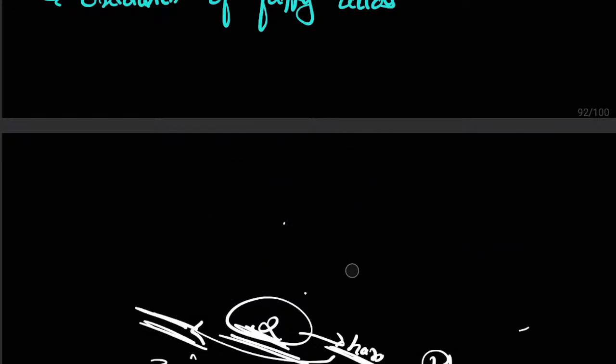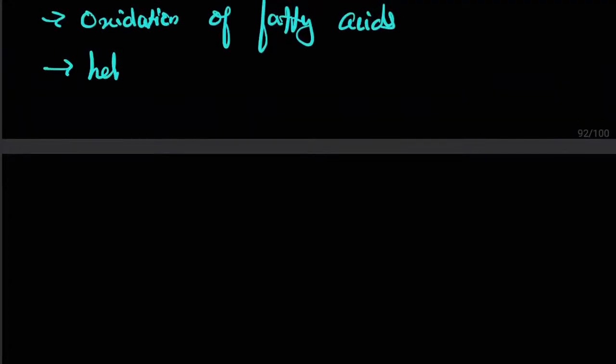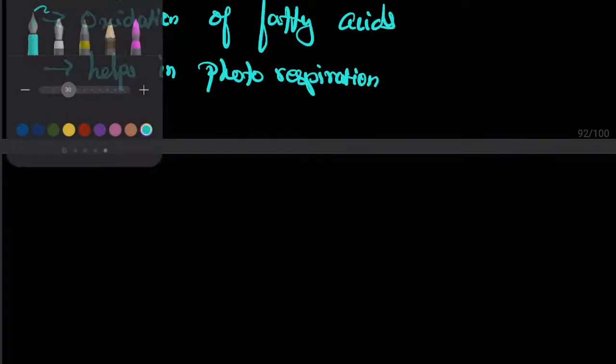Actually, peroxisomes are involved in the first step of this photorespiration. They help in photorespiration. So what is photorespiration?